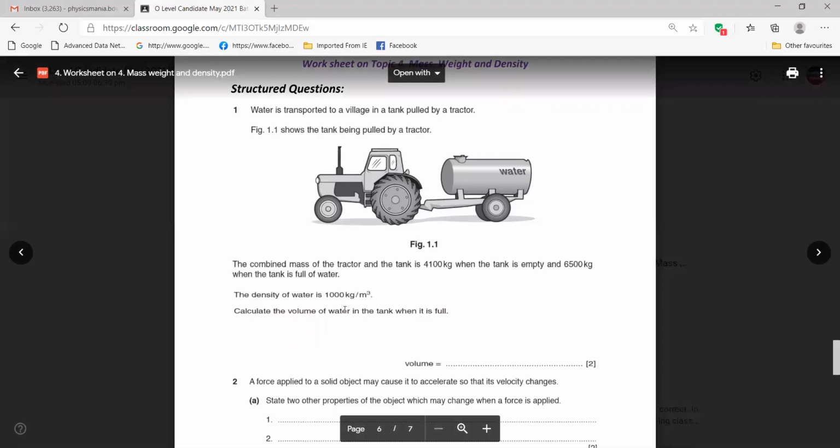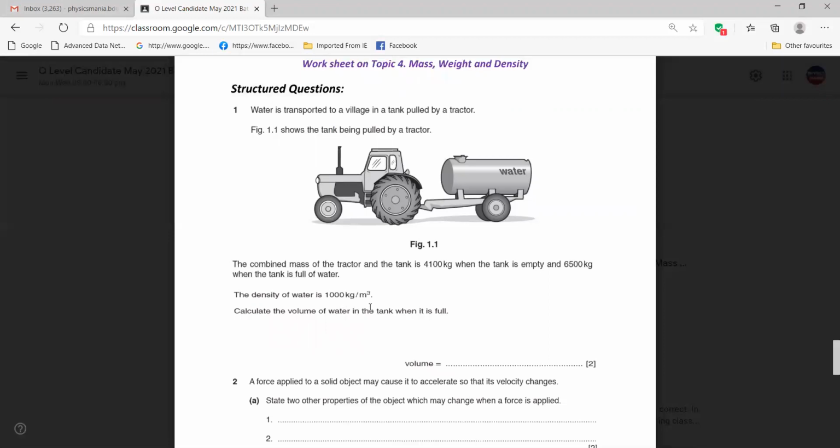Your density is given, right? 1000. The combined mass of the tractor and the tank is 4100 kg when the tank is empty, and 6500 kg when the tank is full of water.